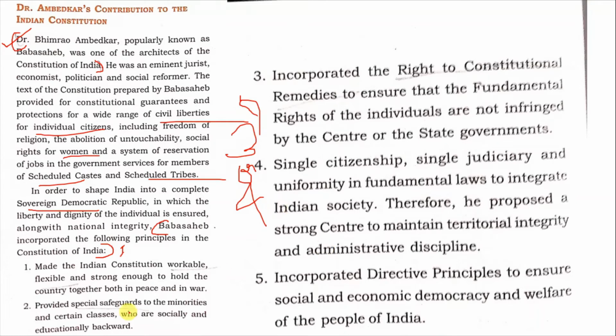Okay. So it made the Indian Constitution workable, flexible, and strong enough to hold the country together both in peace and war. This you can make short and steady, but certain points should be there.